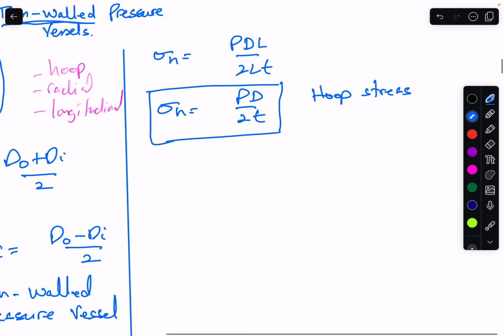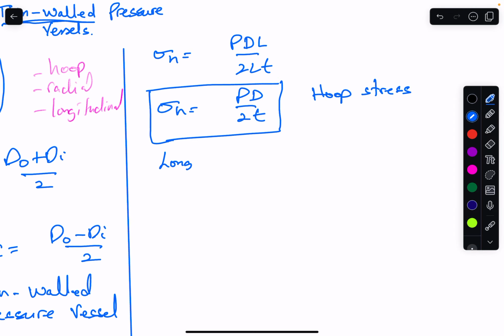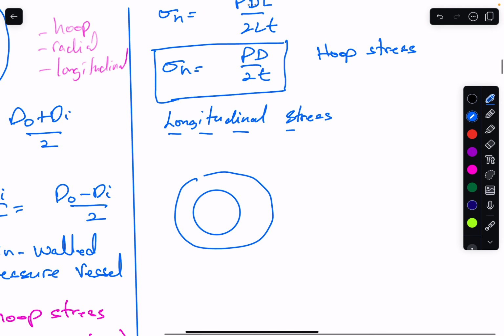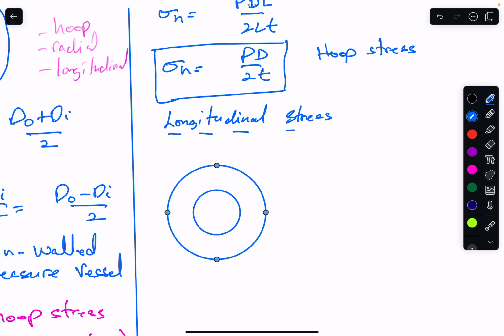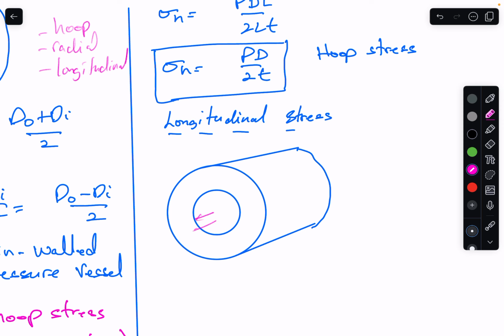So the next stress is the longitudinal stress. If we look at this pressure vessel again, we see that again we have pressure being applied outward.